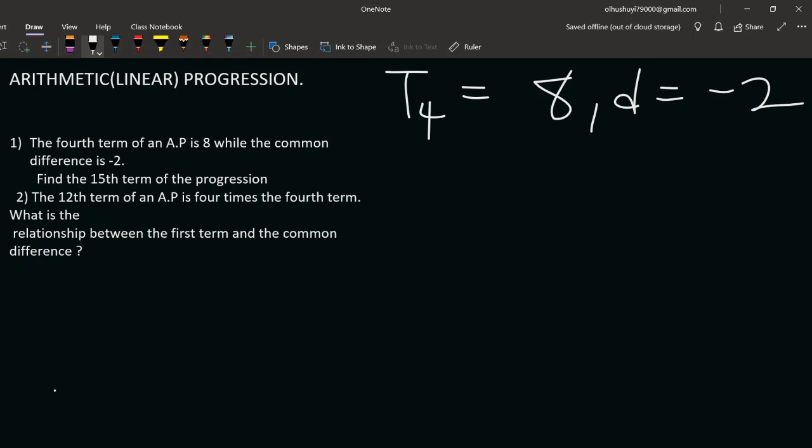Now the question is to find the 15th term, T15. What will be the 15th term?